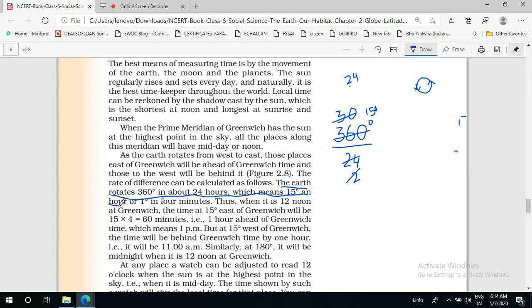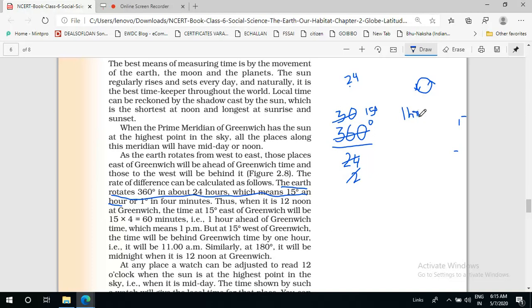Now, if the earth is moving 15 degrees in 1 hour, and in 1 hour how many minutes are there? 1 hour is equal to how many minutes? 60 minutes, right? So 1 hour equals 60 minutes.